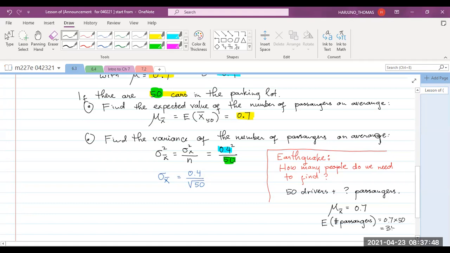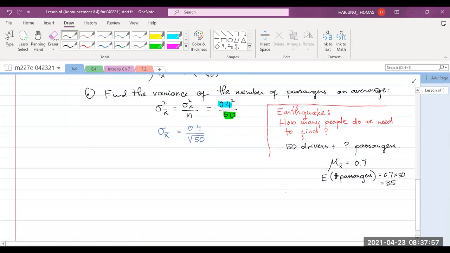That's 35 passengers we expect. So we need to find 85 people, give or take.